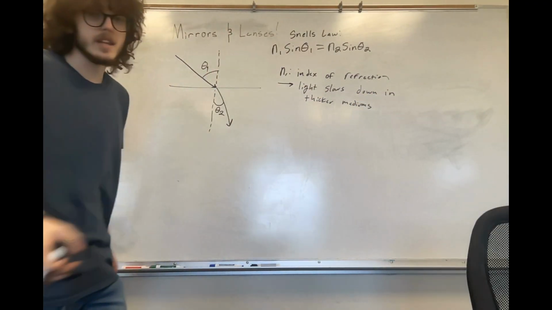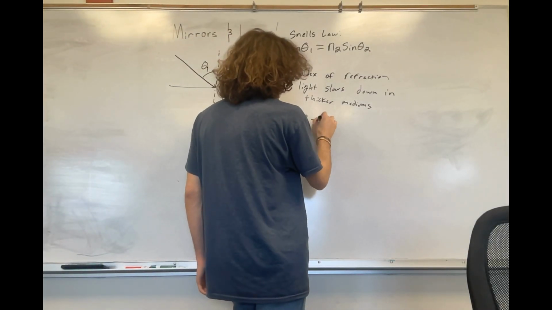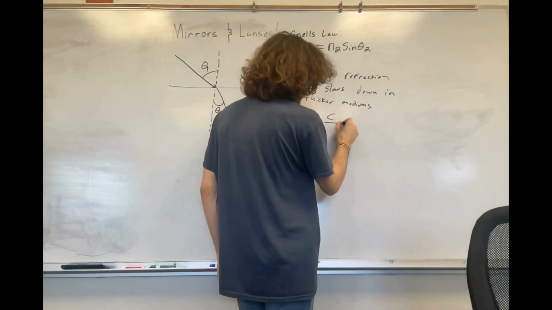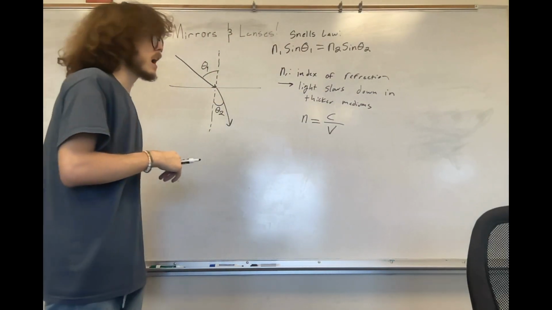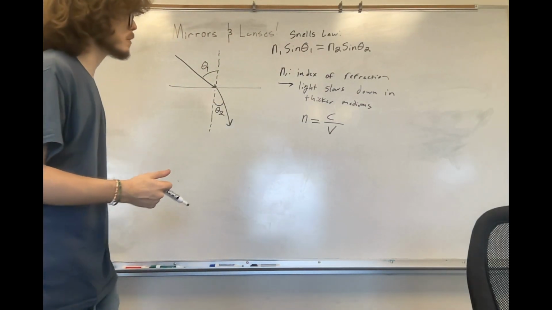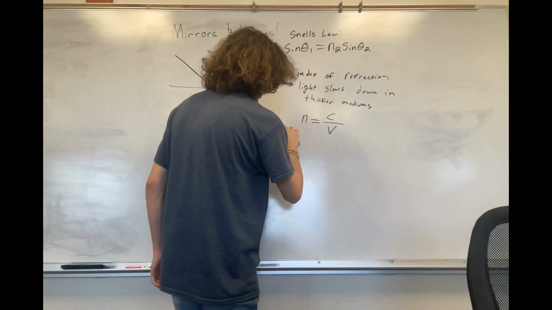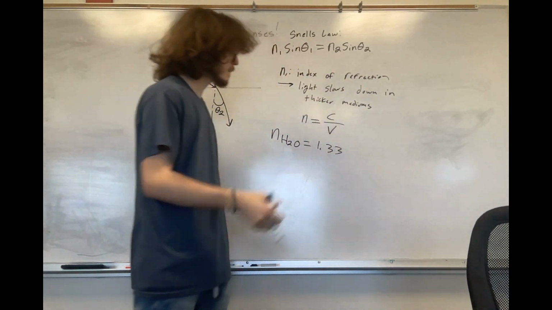And to understand this, okay, we need to just know the formula. That n for any substance is equal to the speed of light in a vacuum, c, over the velocity in that space, okay? I'll give you a very simple example. The index of refraction for H2O is 1.33, okay?